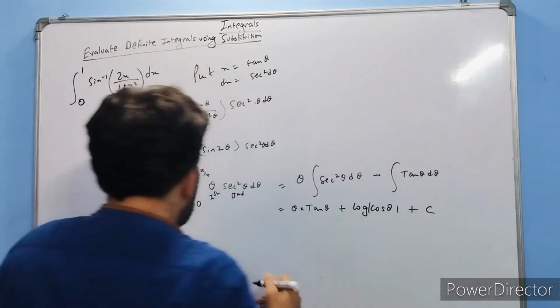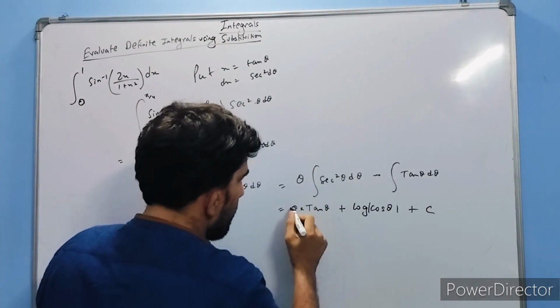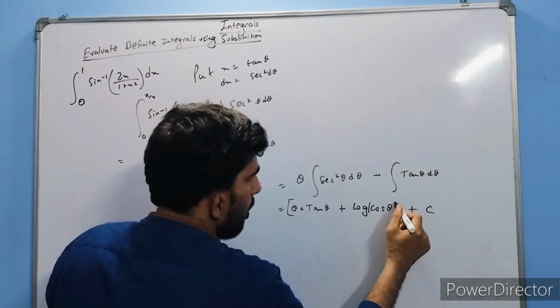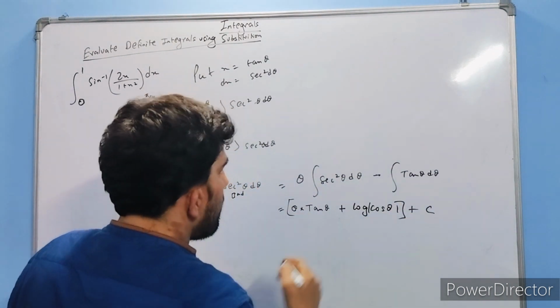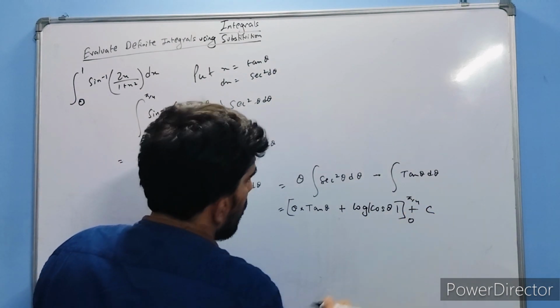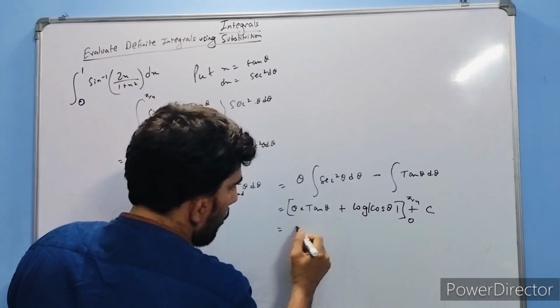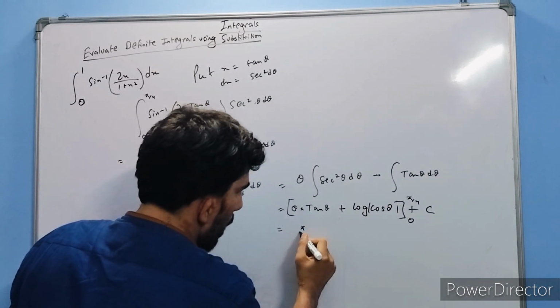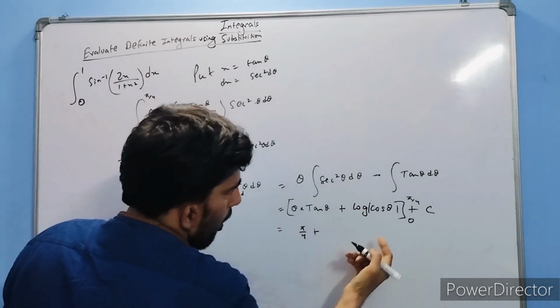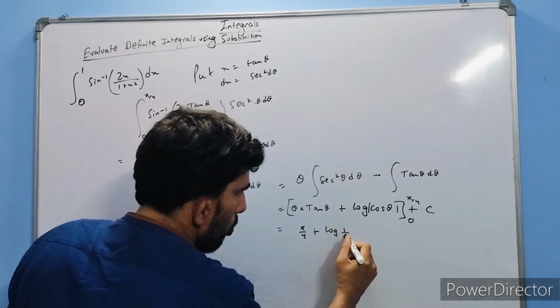Okay, now here we need to put in the limits. So let us see what the value will be, that is pi by 4 and 0. Now we'll put the value: we get pi by 4, tan pi by 4 will be 1, so pi by 4 plus log of 1 upon root 2.